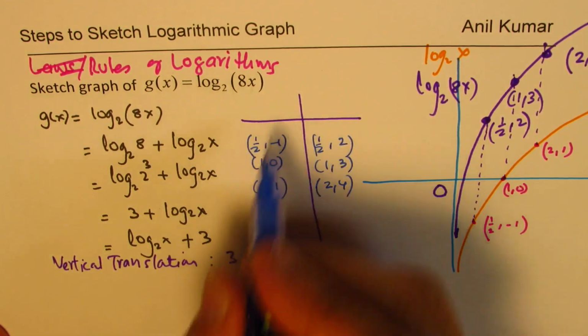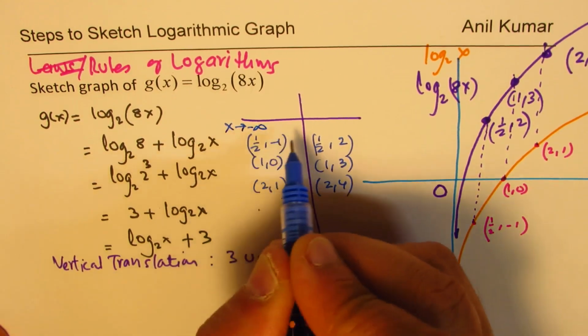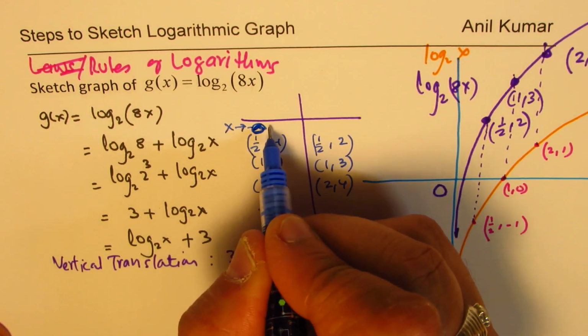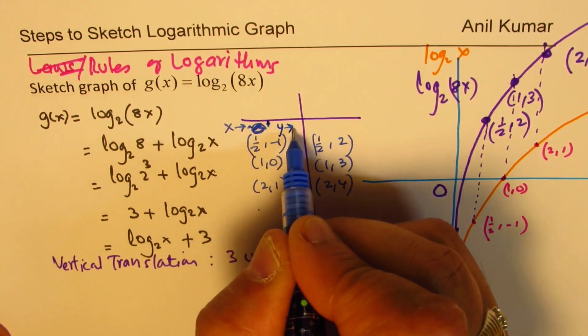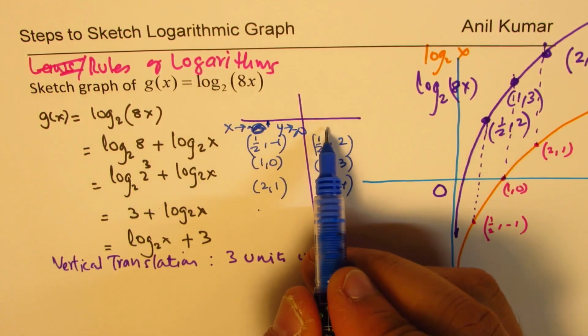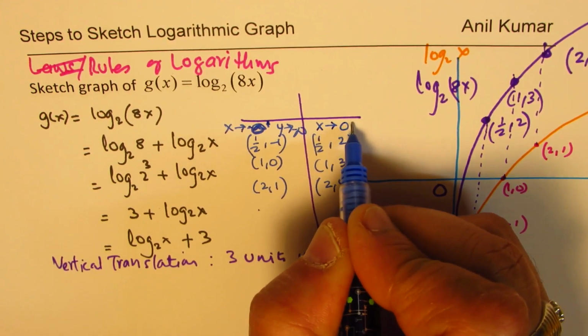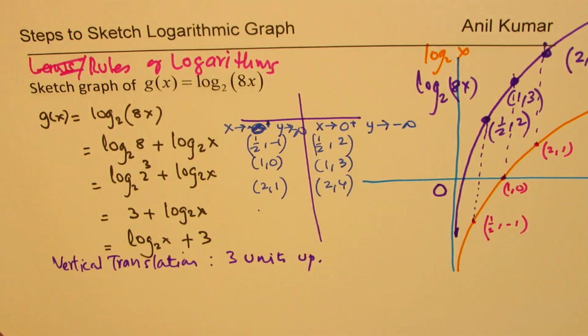Perfect. As far as end behavior is concerned, again I write this. When x approaches 0 from the positive side, y approaches negative infinity. In this case, it remains same. When x approaches 0 from the positive side, y approaches negative infinity. Clear?